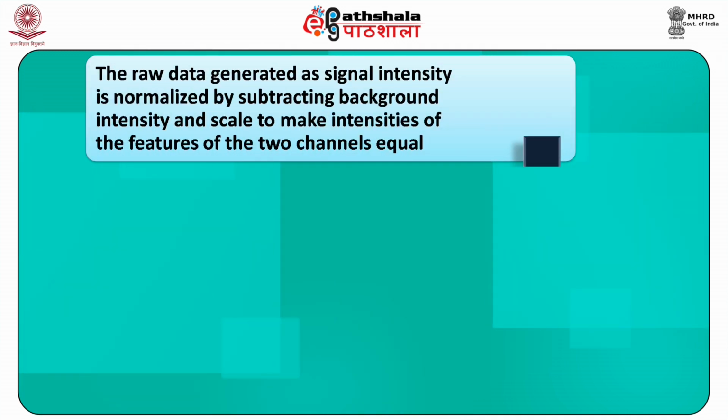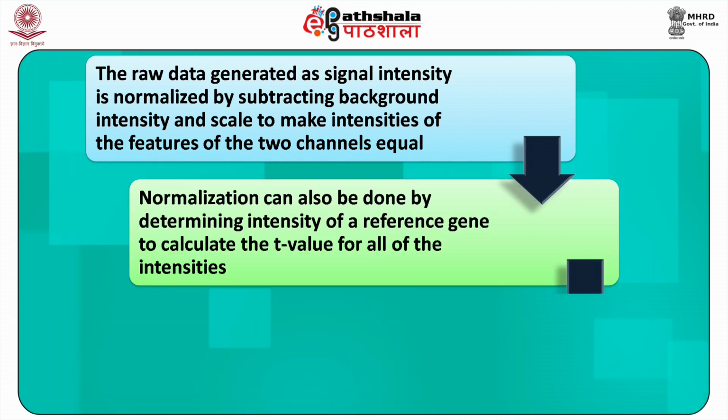The raw data generated as signal intensity is normalized by subtracting background intensity and scaled to make intensities of the features of the two channels equal. Normalization can be done by determining intensities of a reference gene to calculate the t-value for all of the intensities.